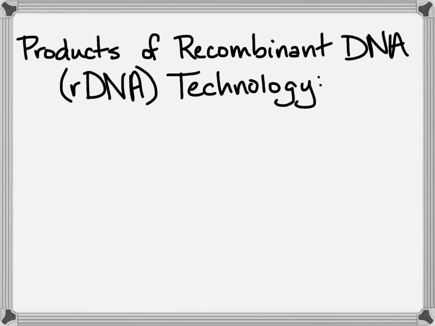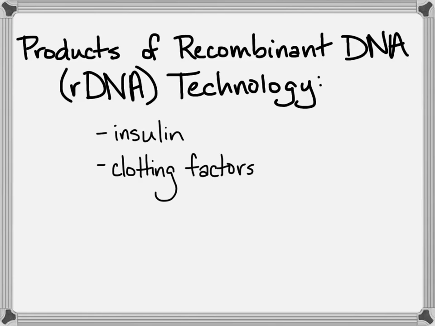So what is putting these tiny target pieces of DNA into vectors and then into bacteria, what has that really done for us as humans? Well, it's done a number of things. It allows us to produce things that humans need, like insulin and clotting factors, vaccines.